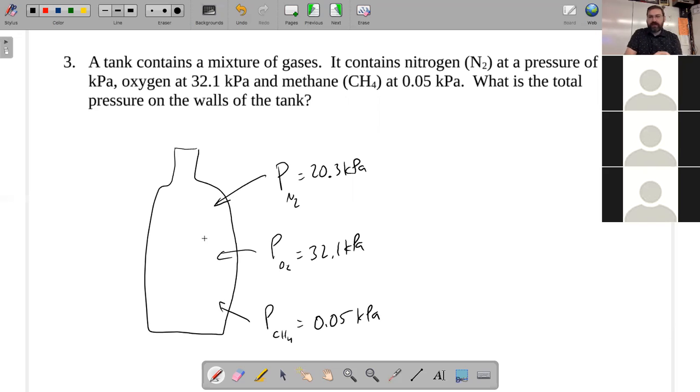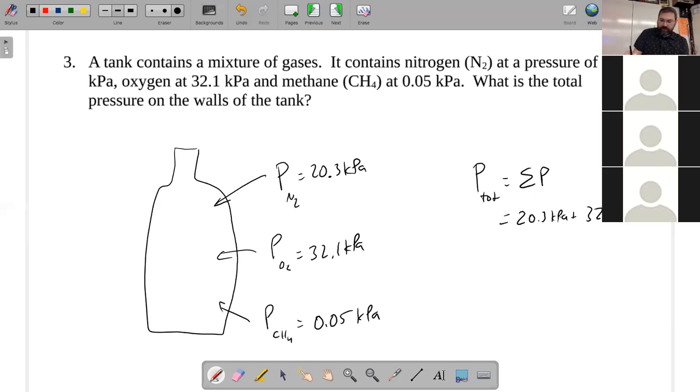The total pressure in the gas comes about as a result of the pressures of the individual gases. So this is how much pressure each of the gases contributes. The total pressure is just equal to the sum of the pressures. So if you just take 20.3 and add 32.1 and add 0.05.